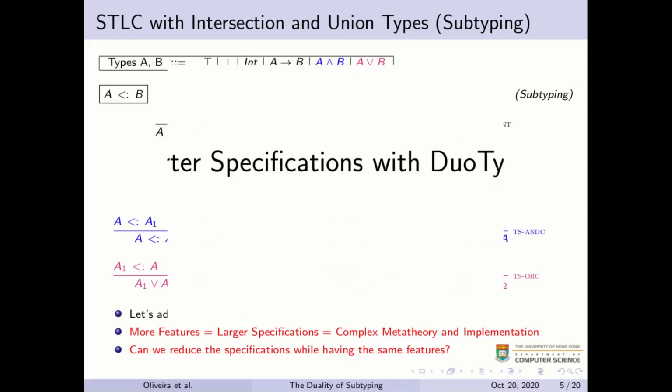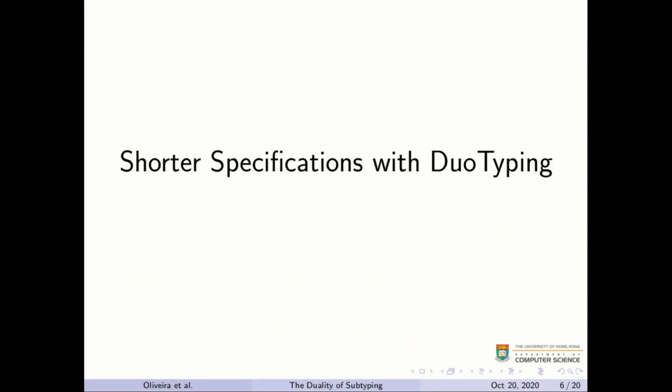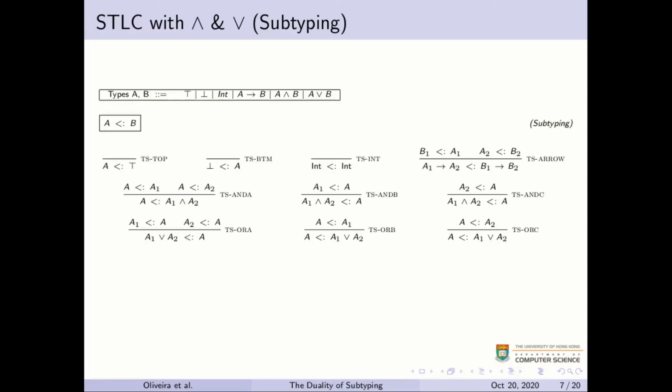So this goes to our first benefit of duotyping, that is shorter specifications with duotyping. If we carefully analyze this traditional subtyping system with top, bottom, integer, arrow, intersection and the union types, we see that in total we need 10 subtyping rules.